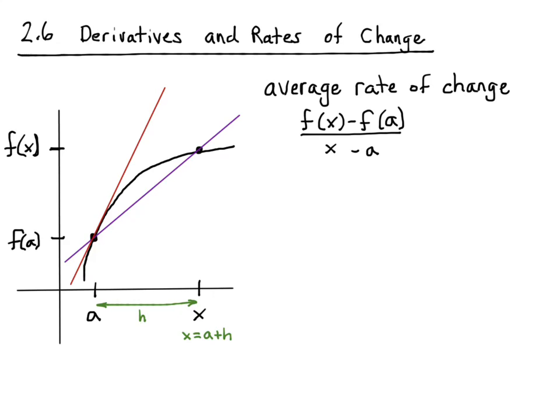If I add h to it, I'll get to this other point x. And then my function is going to be f at a plus h. So these are the same things. So f at a plus h equals f at x, and x equals a plus h. So if I rewrite that difference quotient, I'll get f at a plus h minus f at a divided by h.